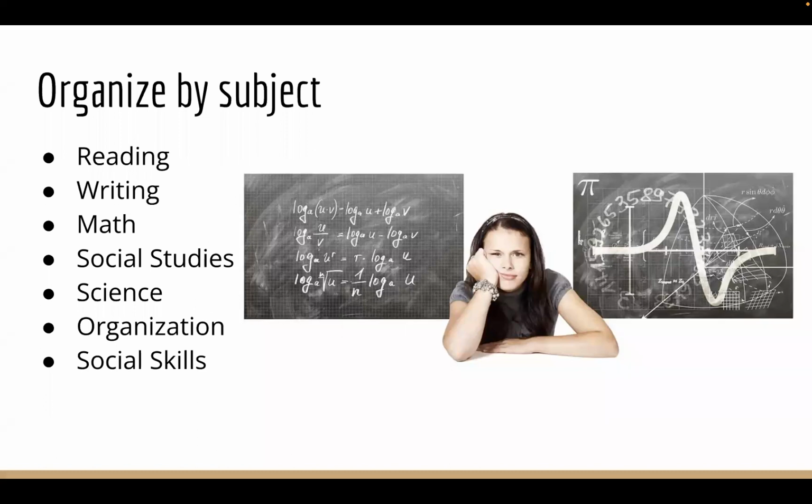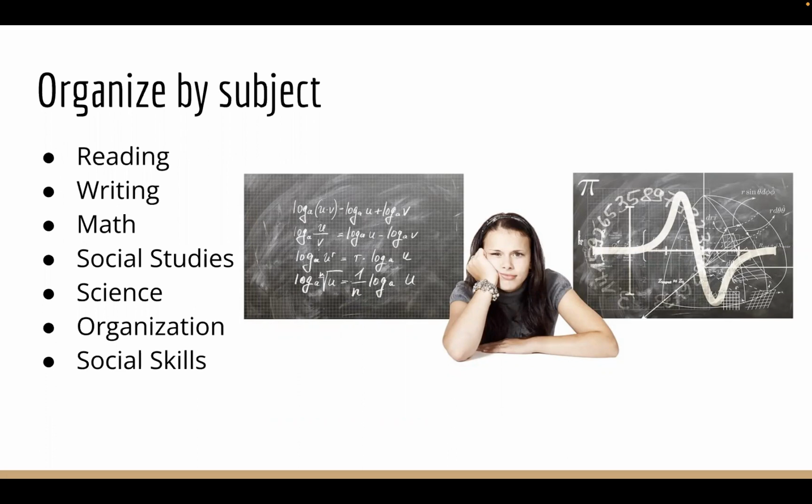Yep. So as you saw a little bit in that example in the video, you can organize by curricular subject like reading, math, writing, social studies, science, but you can also think about subjects like social skills, organizational needs, or even homework help.